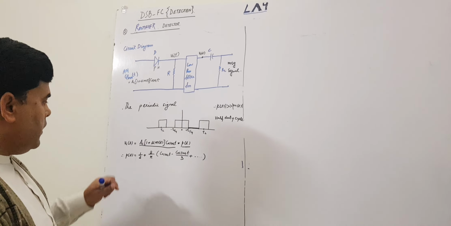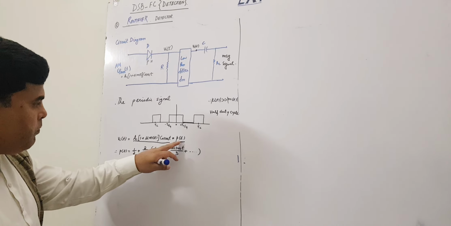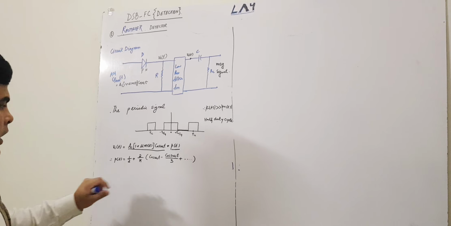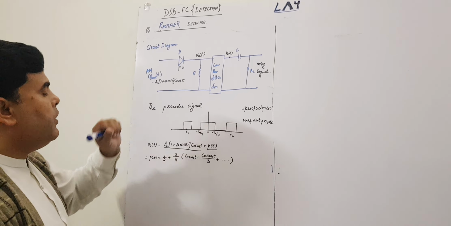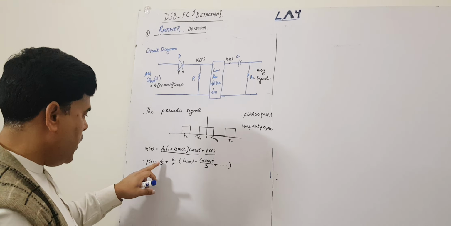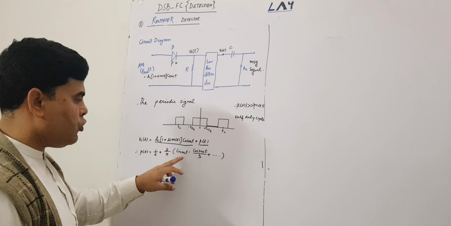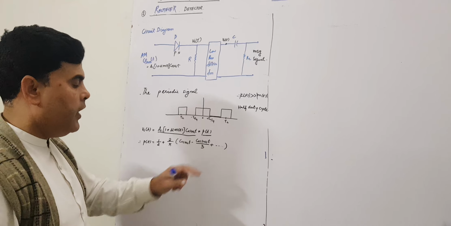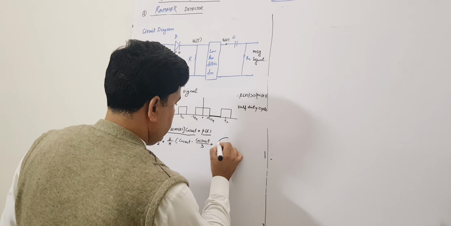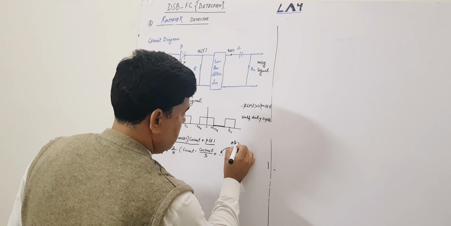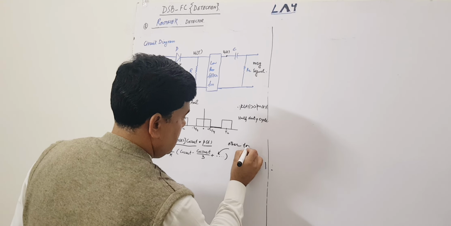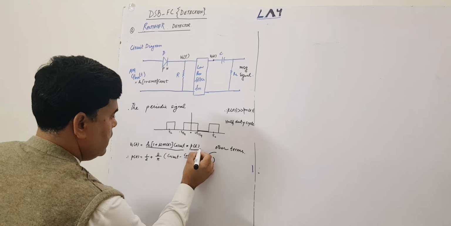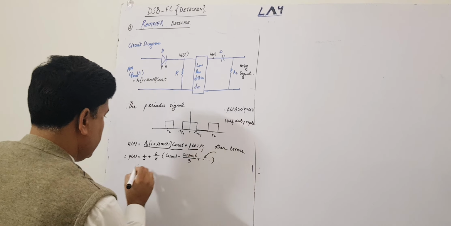We know the pulse p(t) for this. We have already given that equation previously when we discussed modulation. That is 1/2 plus 2/pi times (cos omega_c t minus cos 3 omega_c t / 3), plus other terms. If we use this in this equation, you can insert it here.